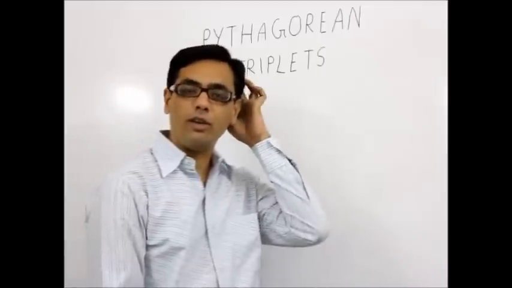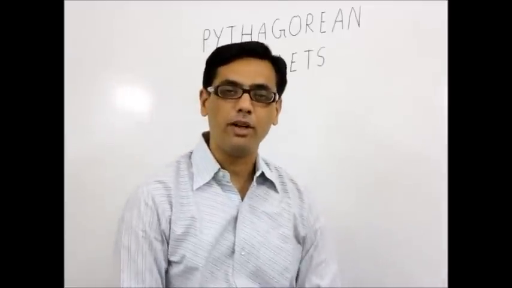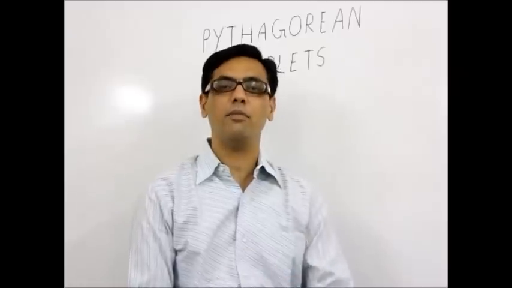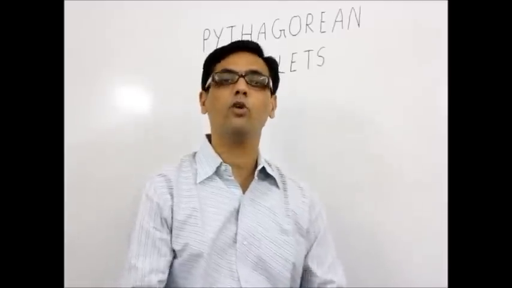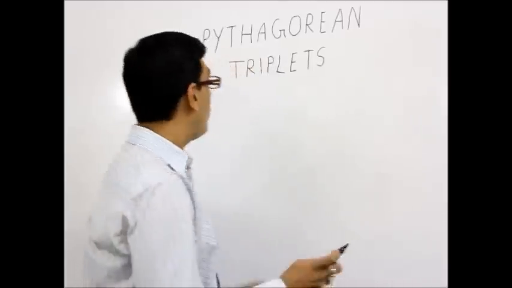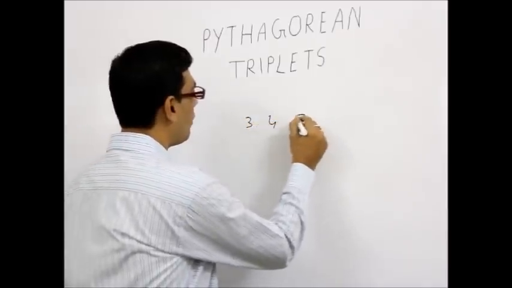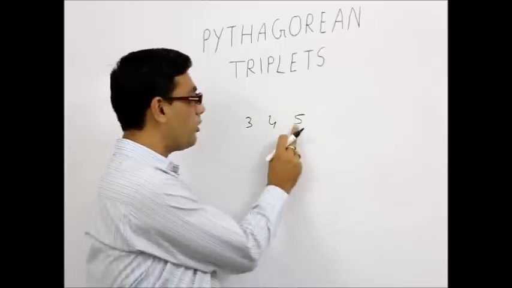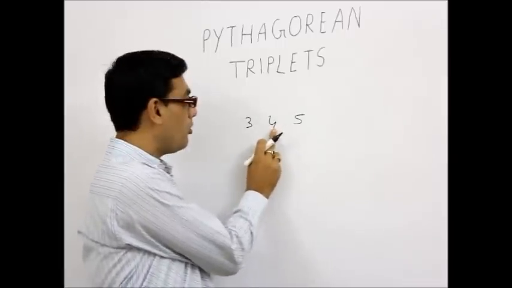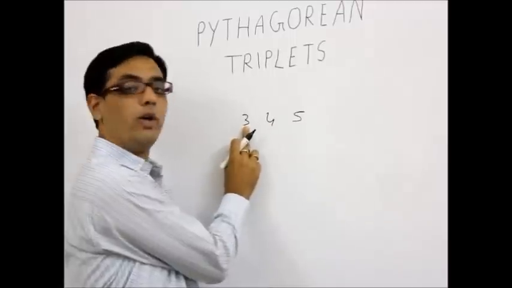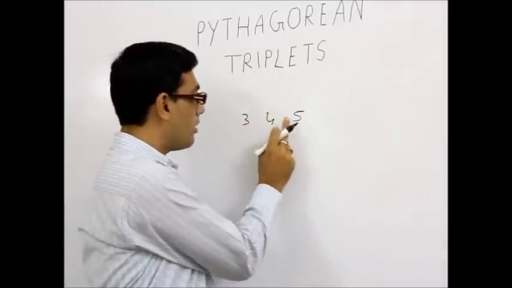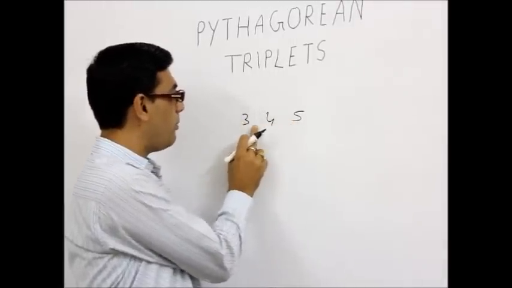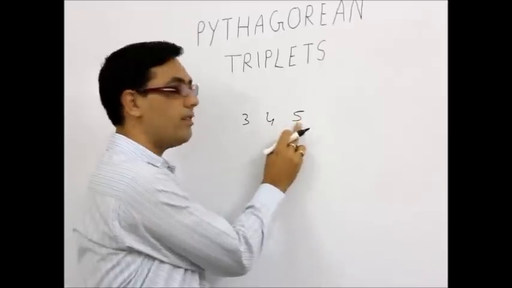So what do you mean by Pythagorean triplets? Pythagorean triplets are three integer numbers which satisfy Pythagoras theorem. For example, 3, 4, 5 is an example of a Pythagorean triplet. How? 5 square is 25, 4 square is 16, 3 square is 9. 25 is equal to 16 plus 9. 3 square plus 4 square is equal to 5 square.